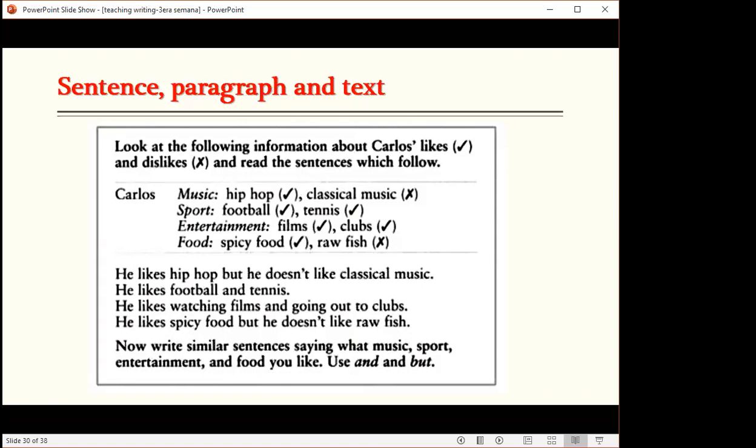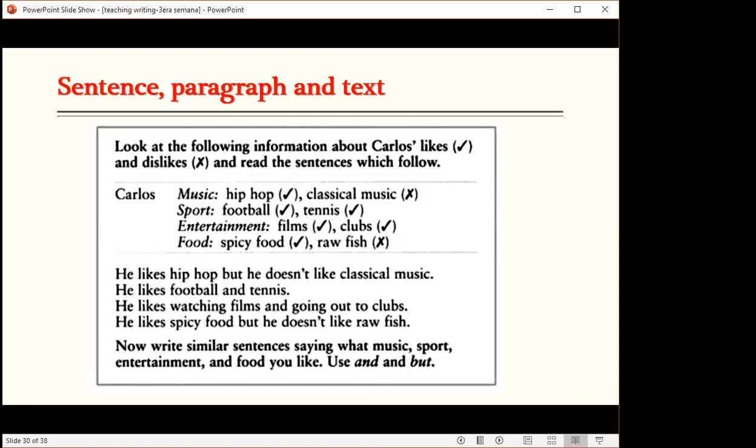Okay? Notice they are going to produce sentences in a guided way. This is called a guided activity, because they are going to receive some models, some structures, and they are going to use these structures to write similar ones. So this is a guided activity.